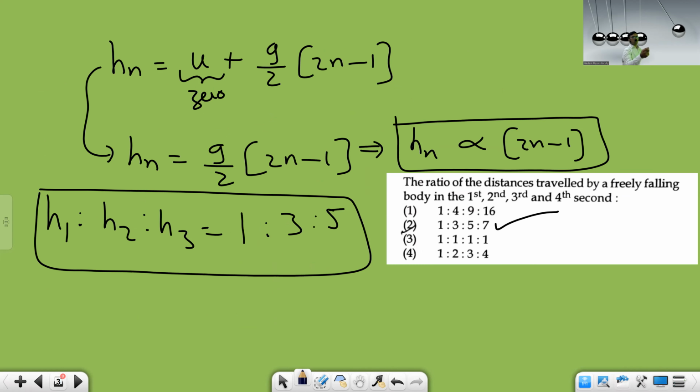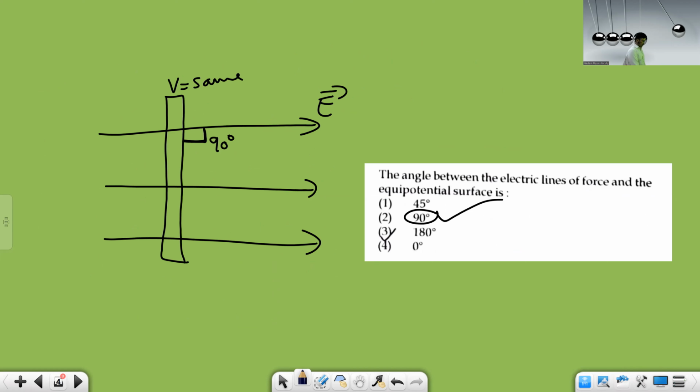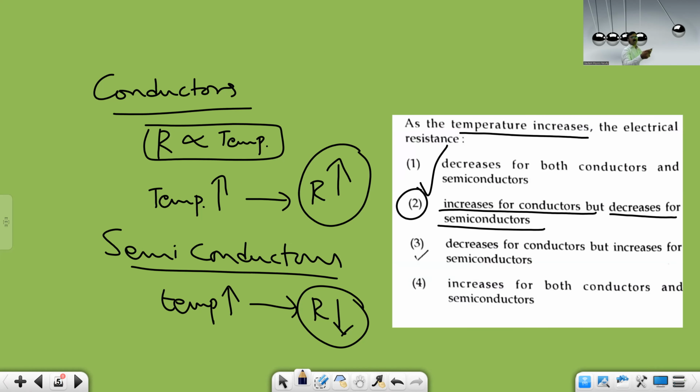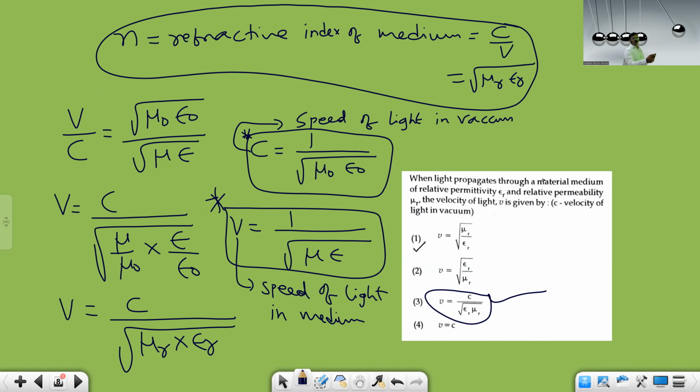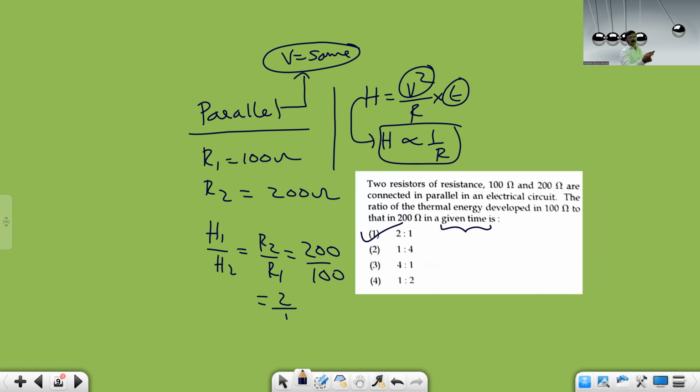Next one is motion in a straight line, about a freely falling body, and then electric potential and capacitance about equipotential surfaces. Then current electricity about resistance affected by temperature, transmitting power, energy and power time relations, and speed of light in vacuum and in a medium. Then again current electricity: electrical resistance, heat developed, thermal effects of current.